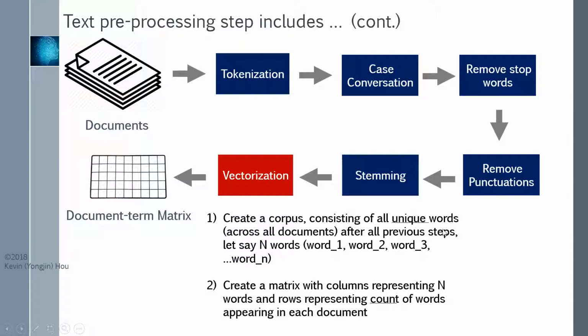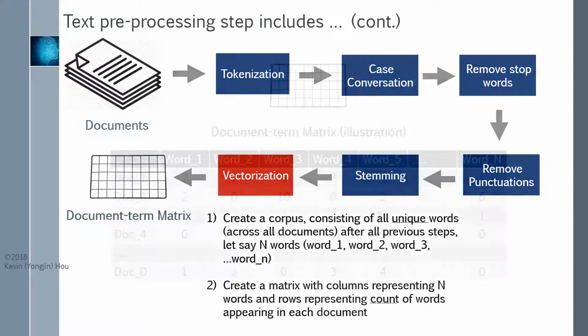By now, all the words are unique words, so we are really just counting the number of occurrences of unique words in each document. Each document itself is on one row.